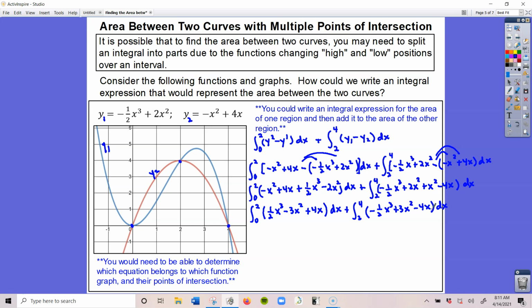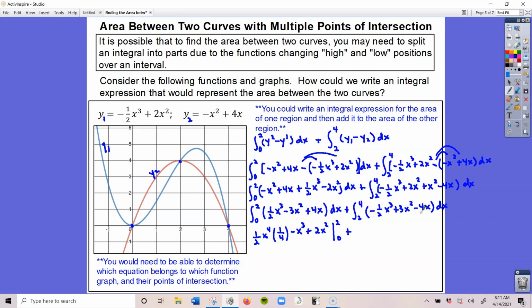Now we're ready to integrate. So when I integrate this function here, I get 1/2 x to the fourth times 1 over 4, since I have to divide by 4, minus 3x to the third over 3, which is x to the third, plus 4x squared over 2, which is 2x squared. And I'm evaluating that from 0 to 2.